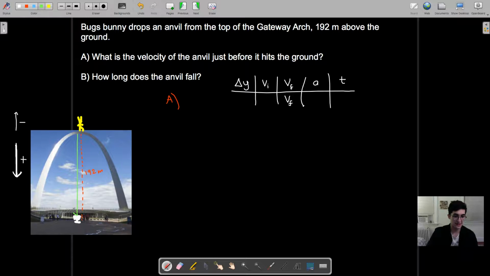So that is a downward displacement. And so, is this going to be a positive or a negative displacement? That's right, it's going to be a positive displacement because we decided down is positive and our displacement is down. So our displacement is 192 meters, and that's going to be positive, okay?